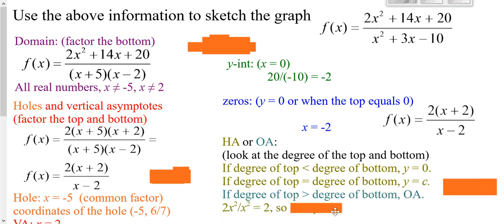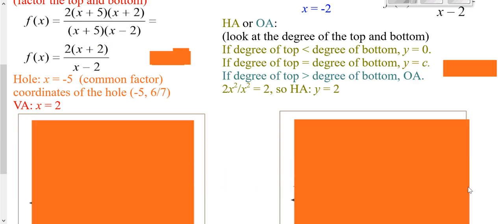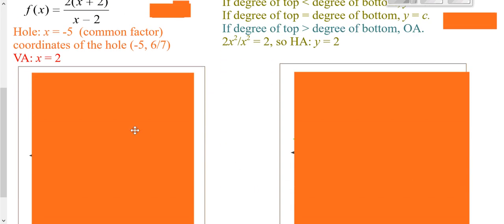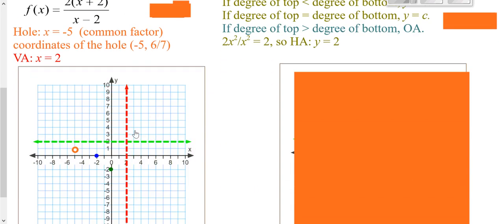So we get a horizontal asymptote of y is equal to 2. So plot all that stuff. Horizontal asymptote of y equals 2, vertical asymptote of x equals 2, our y-intercept of -2, our x-intercept of -2, and our hole.